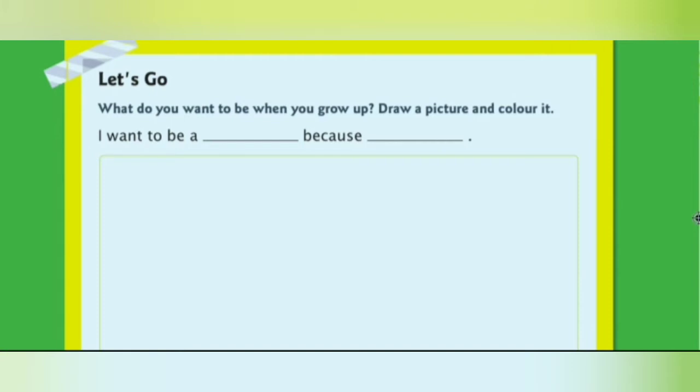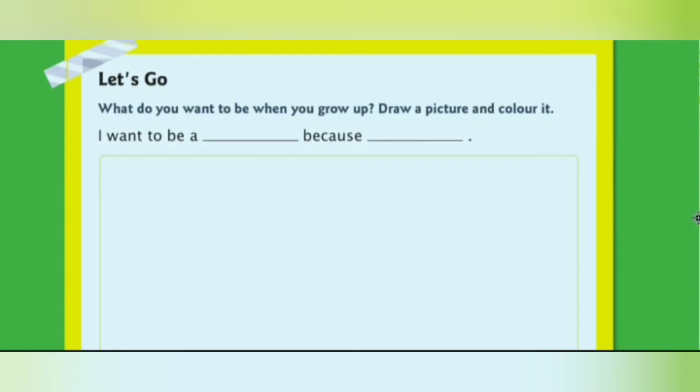In the dash, you have to fill in what you want to be, like a teacher, doctor, engineer, architect, or more noble professions like a policeman, a lawyer. There are more and more professions. You have to mention the reason why you select that particular profession, and you have to draw.